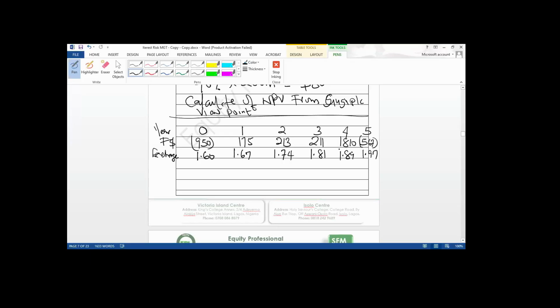Divide each figure. 594, approximately. 175 divided, 105.